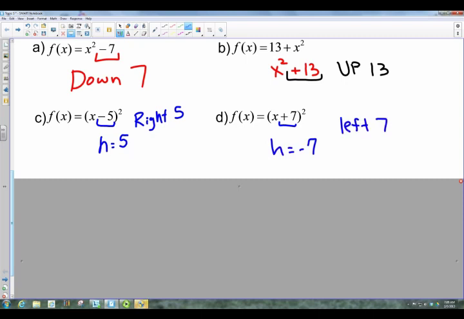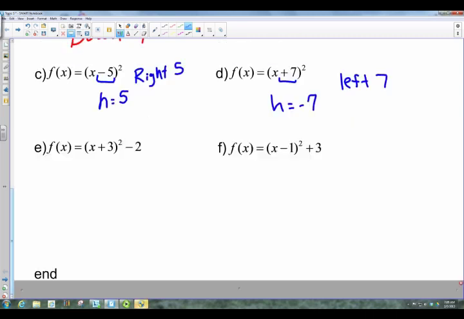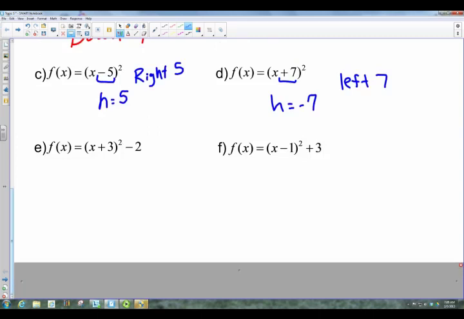Now the last thing is we can put these together. So you can have two movements, which essentially moves your graph in a diagonal alignment. So with this first one, you see the plus 3 there. We know the plus is actually negative. So a plus means that we're actually moving left 3. Okay, and then we've got the negative 2 on the outside.